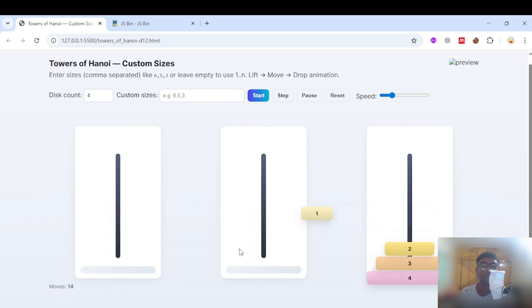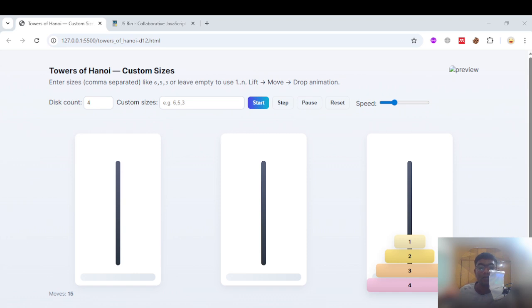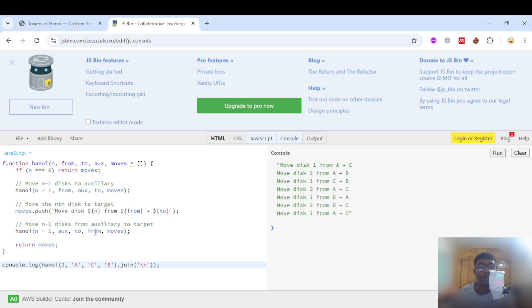So okay, let's move to the JS Bin to see how our recursive function performs, or what steps or what moves are to be done, right? So I will change the number of disks to 4 from 3, and the starting rod will be A, and the destination rod will be C, while B will be the auxiliary rod. And yeah, let me clear and let me run this.